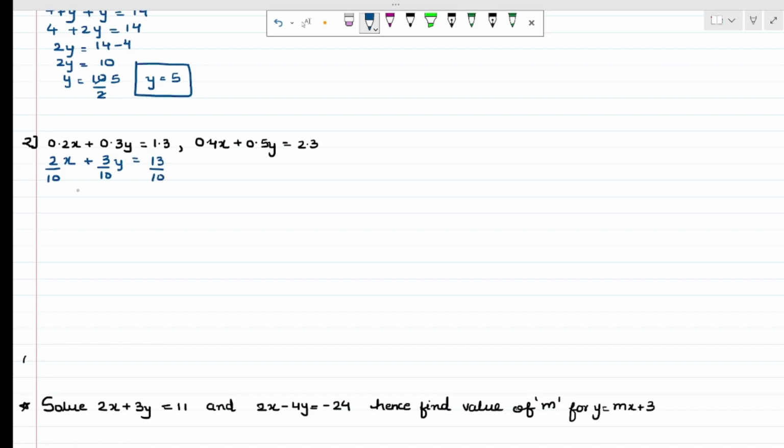Now, as you can see here, I have the same denominator. That means I can write it as 2x plus 3y upon 10 is equal to 13 upon 10. This 10 and 10 are getting cancelled. So I get my equation as 2x plus 3y is equal to 13. This becomes my first equation.